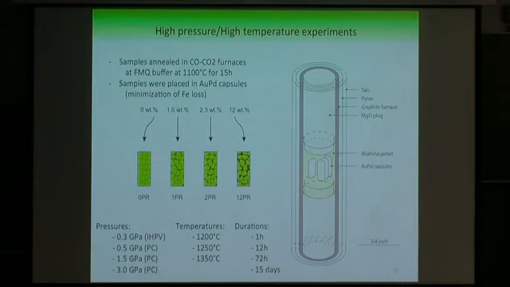And I varied the pressure, the temperature, and the duration. So the pressure varied from 0.3 GPa, 0.5 GPa, 1.5 GPa, and 3 GPa. Temperature ranged from 1200 to 1350 degrees Celsius, and the experimental durations were run from 1 hour to 15 days.